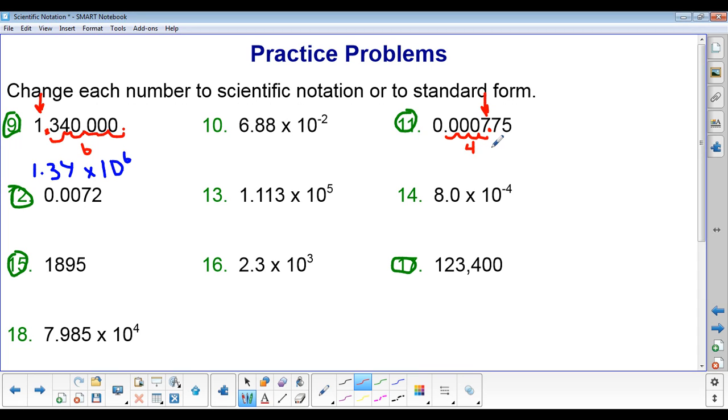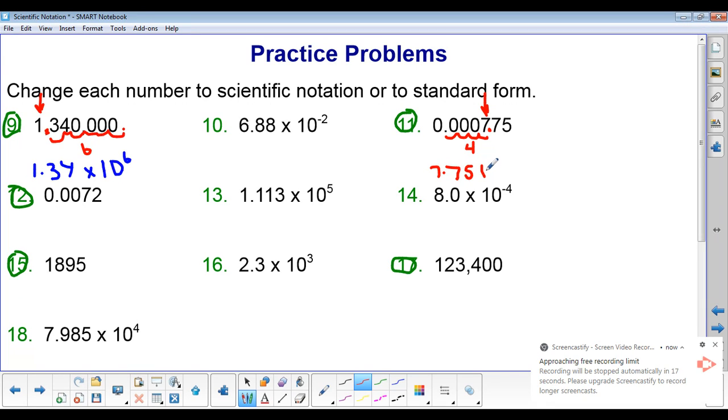Now notice before we were going to the left. Now we're going to the right. We had a decimal. So I'm going to write out 7.75 times 10. But this time, instead of a positive 4, it's going to be a negative 4. And that negative tells us that it was a decimal.